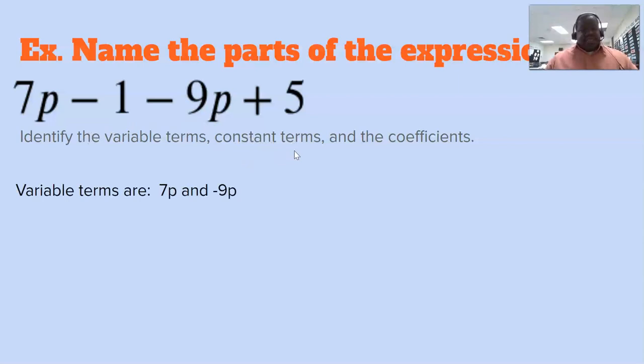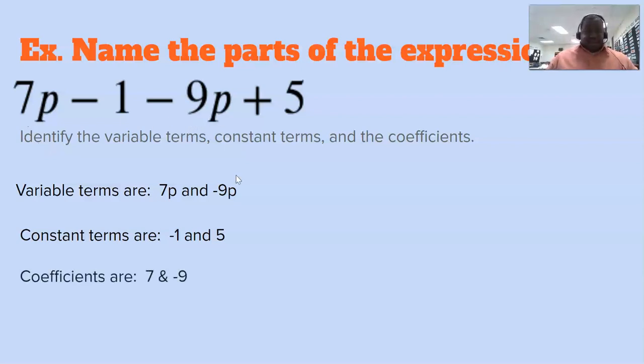Constant terms are numbers that don't have letters on them. So we have the negative 1 and the positive 5. And then finally, it says the coefficients. So the coefficients are the numbers next to the letters. So we have the 7 here on 7p, and we have the negative 9 there for negative 9p.